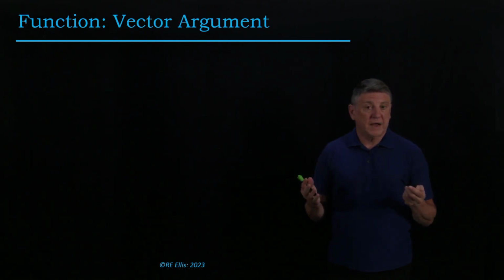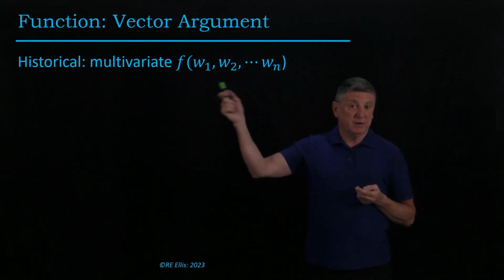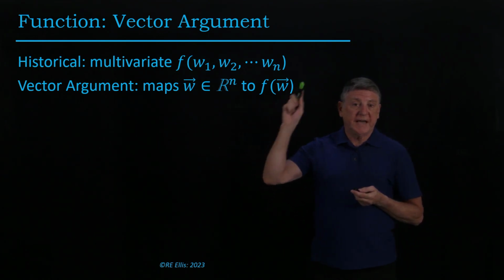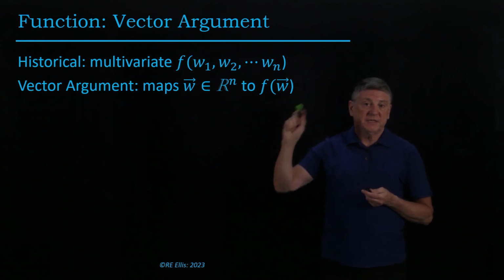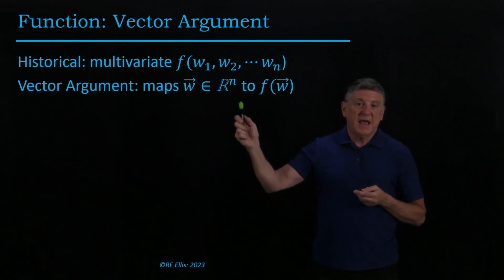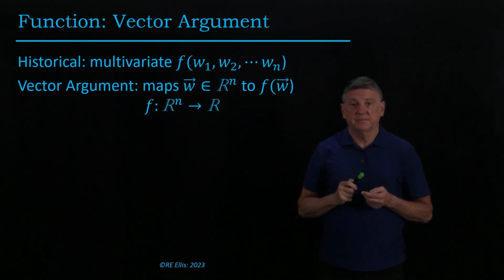Now, what happens if we have a vector? Well, historically, this was considered a multivariate function, but in modern terminology, what we do is we gather all of these entries into a vector. So here there are n of them, so there are n real numbers, and we write this as a function of a vector argument.